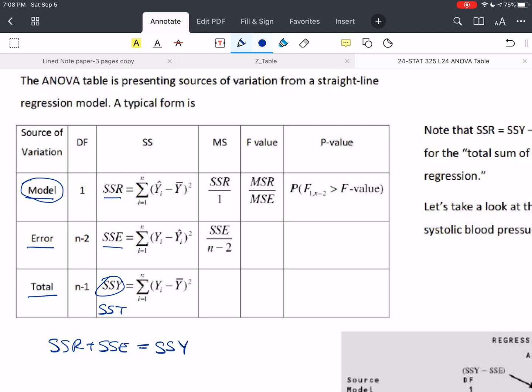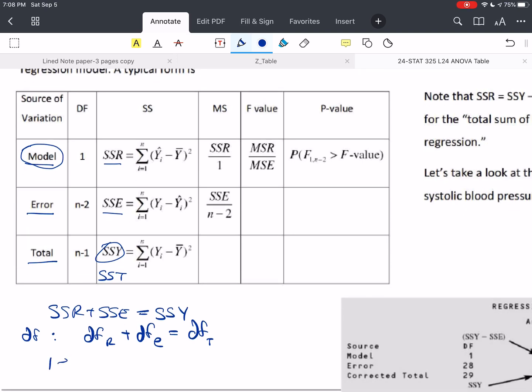It also turns out that for the degrees of freedom, we have degrees of freedom regression plus degrees of freedom error equals the degrees of freedom for the total. And so that's nice. If you look at this, 1 plus n minus 2, well, that turns out to be n minus 1, which is exactly what we end up with for the total.